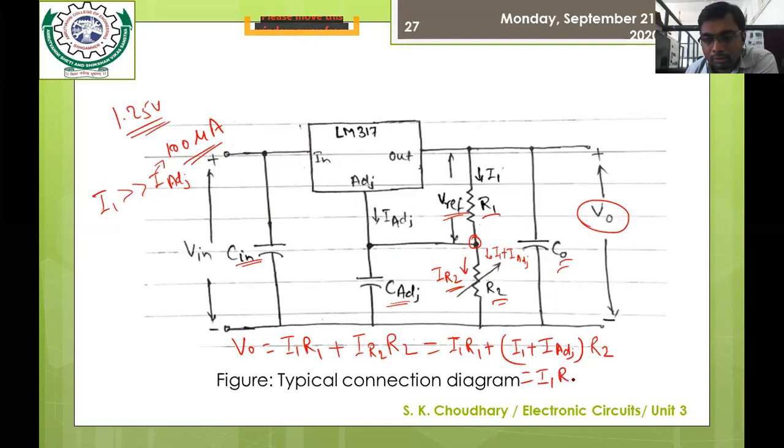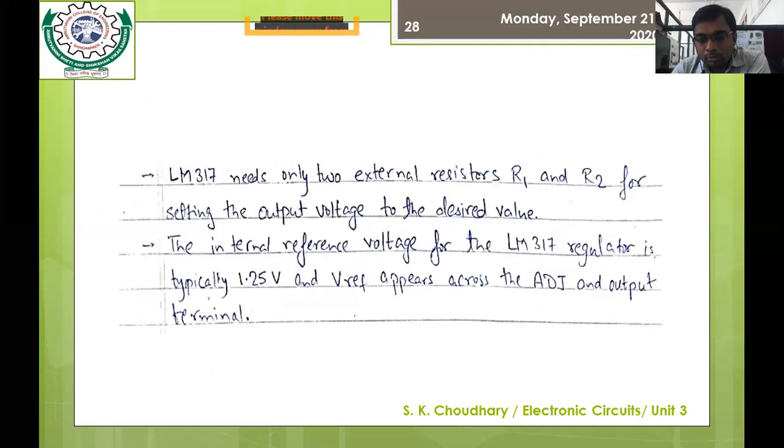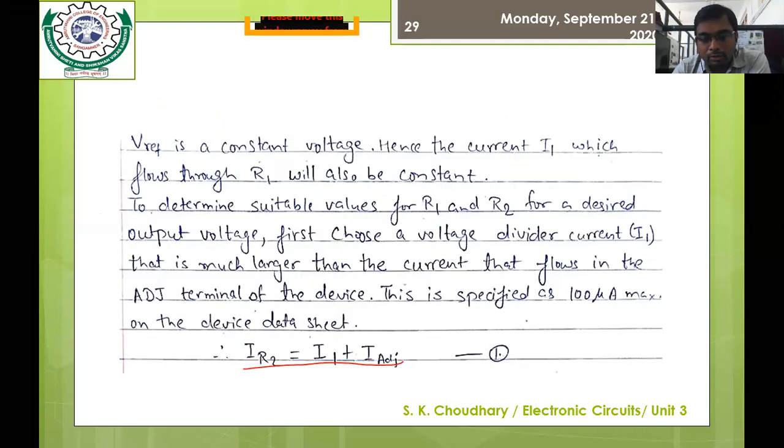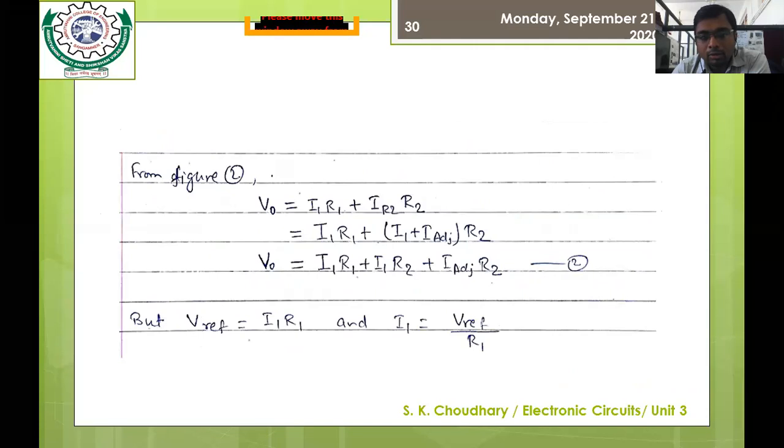So I1 R1 plus I1 R2 plus I adjustable R2. So this is equation 2. Everyone note down equation 1, the value of IR2, and equation 2, that is V0.